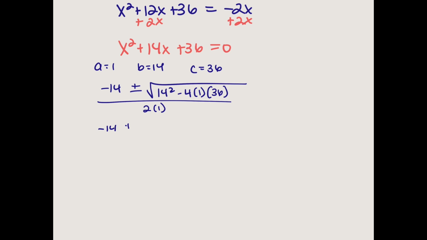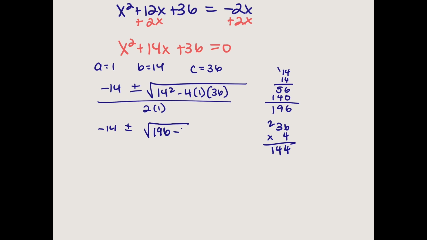Negative 14 plus and minus the square root of 14 times 14, 196, minus 36 times 4, 144, all over 2. 196 minus 144 gives me 52. 52 would be 2 and 26, 2 and 13.